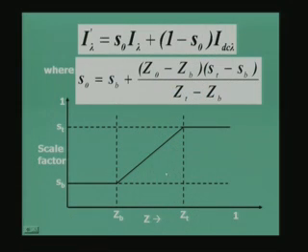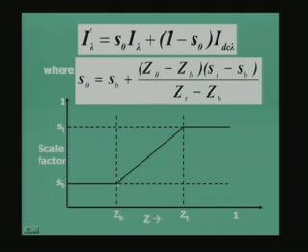This value of Z naught will be somewhere within this range. If Z naught is equal to ZB, which is this point here, or even anything less than that, we assume that S naught is equal to SB. That is what we typically assume: when Z naught is equal to ZB, this term will be equal to 0, so S naught is equal to SB.